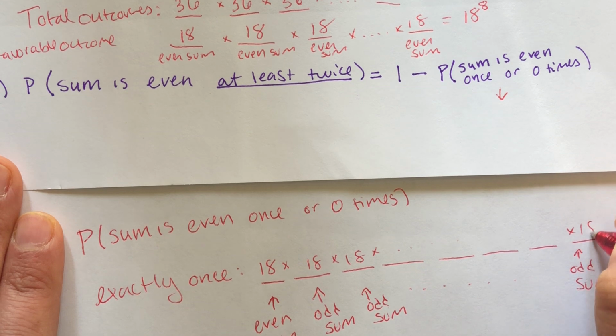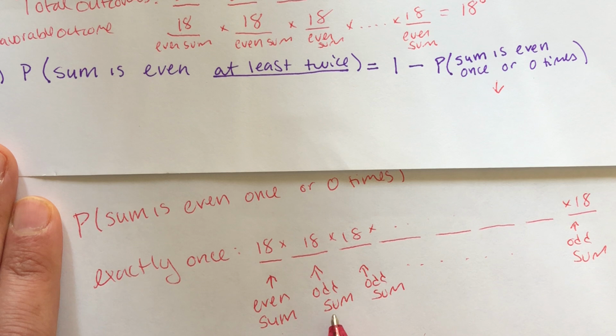Except it doesn't really need to be the case that we got that even sum in the first spot. It could also be that the even sum came in the second spot and every other sum was odd, or maybe the even sum came in the third spot and all the other sums were odd.